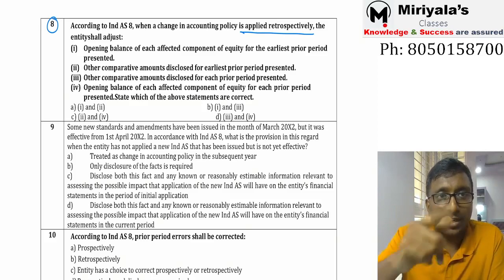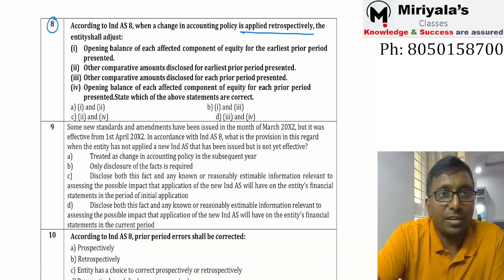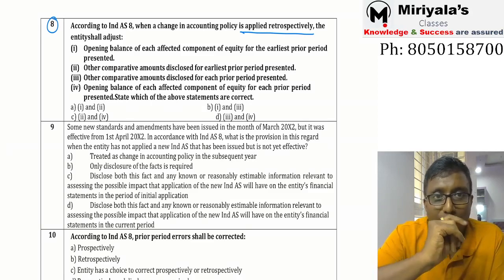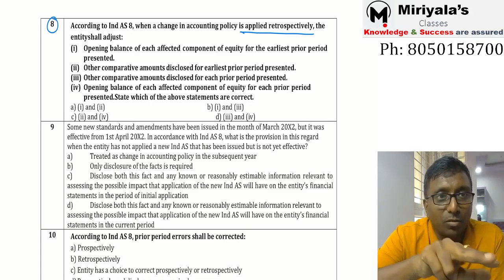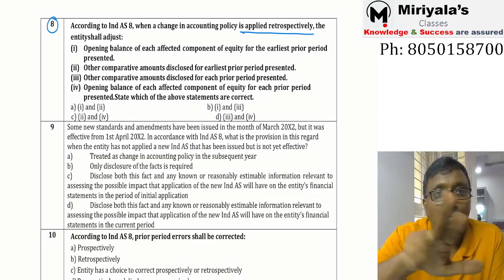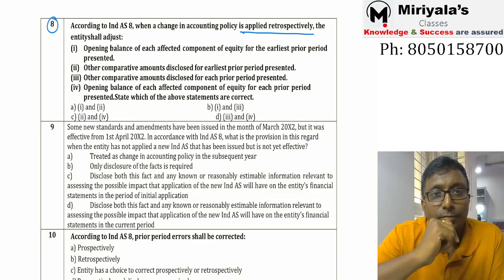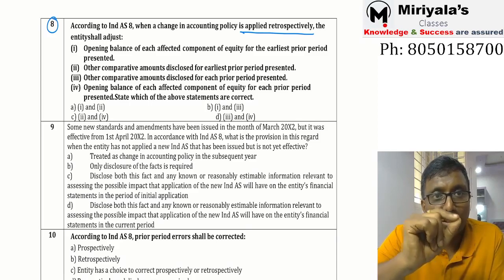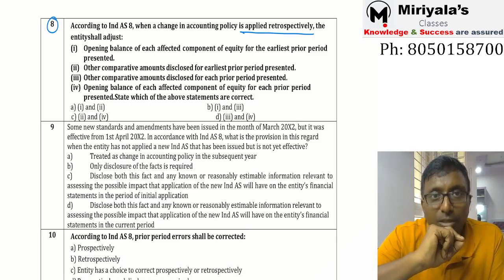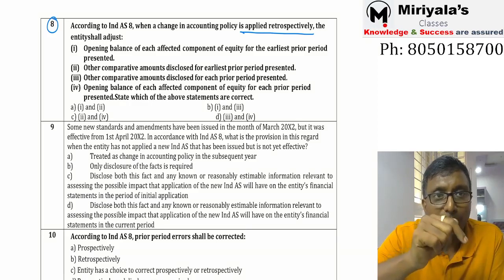Can you try the second bit? I feel it's more relevant than the first and third. One second. Okay, sorry, here I have to club it. Opening balance of each affected component of equity for the earliest period presented.